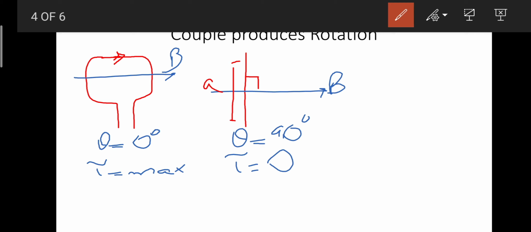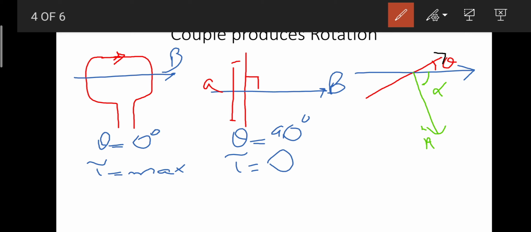But what would be the condition if I talk about the vector area? This is the condition in which we have taken B at an angle of some theta.